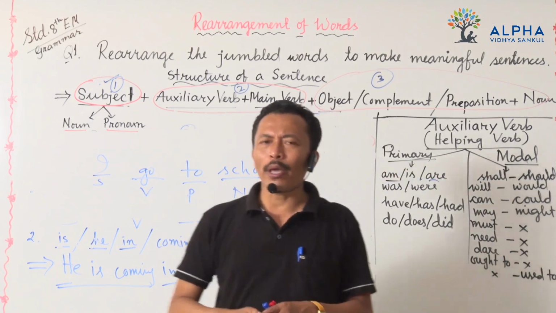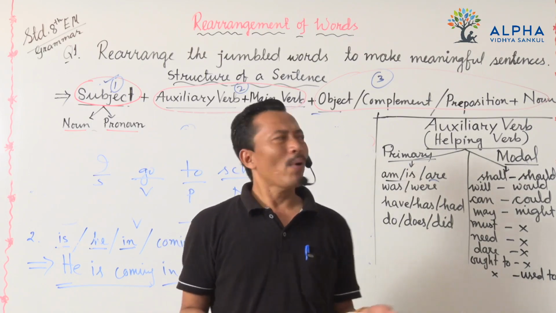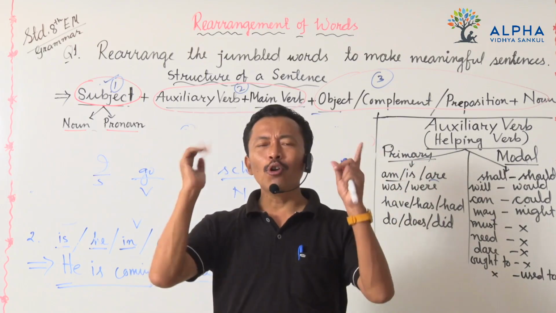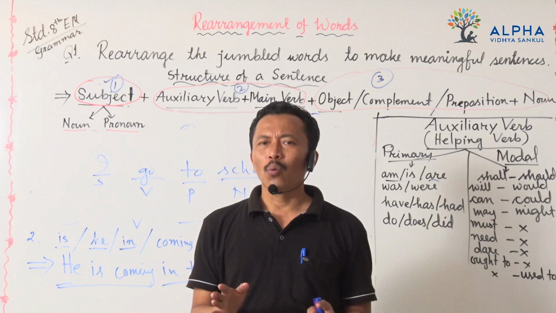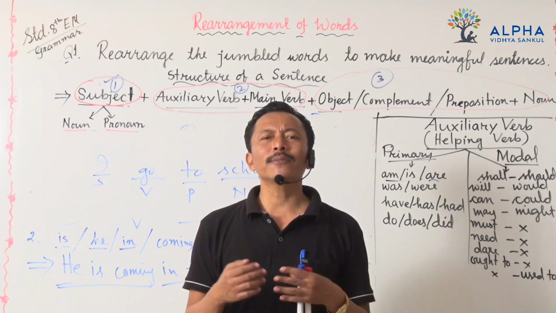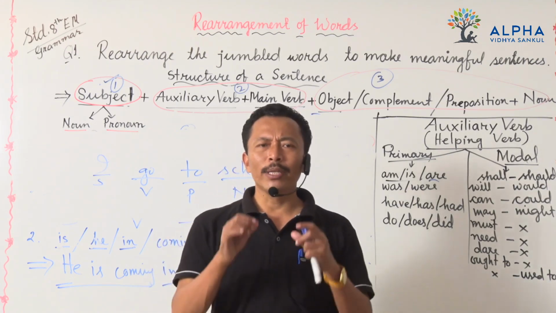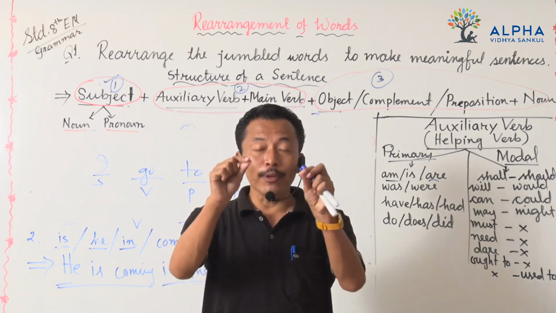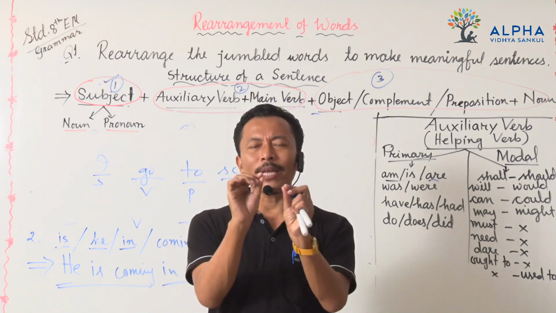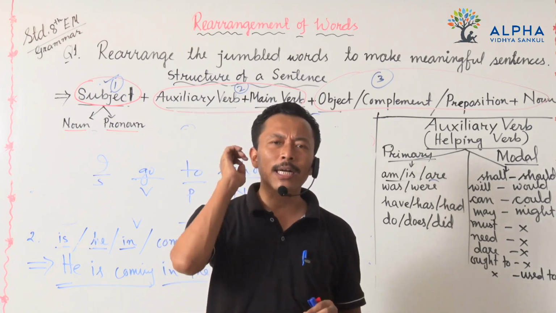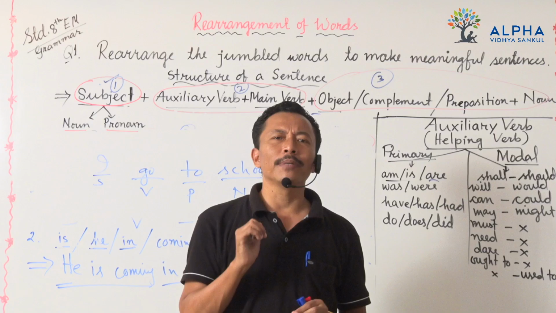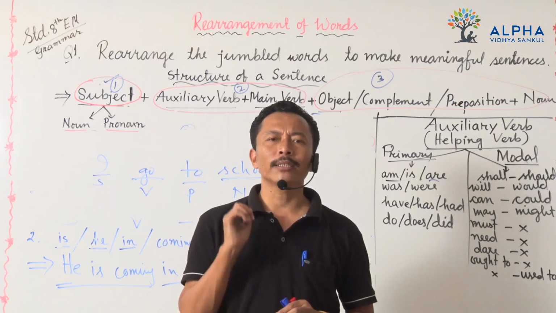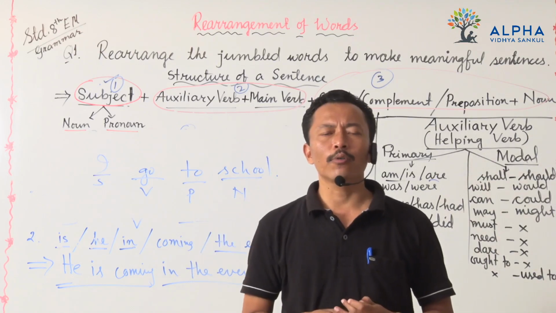This is not the foolproof rule all the way. We have to learn many things from different books, and we need to apply common sense. If we don't know the meaning of the words, it is very difficult to make complete sense. For today, see you in the next video.